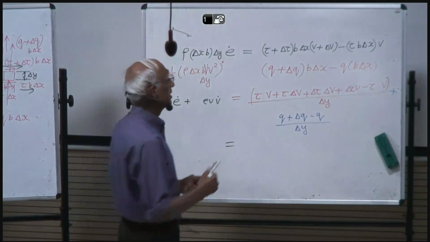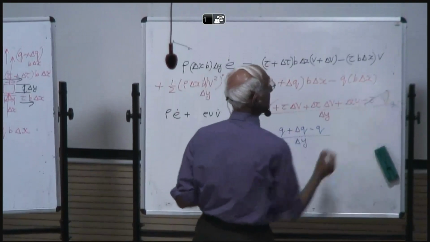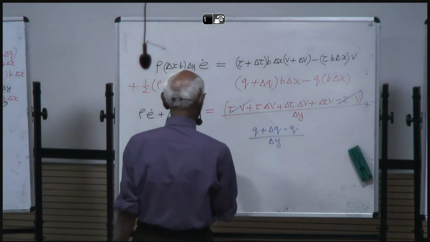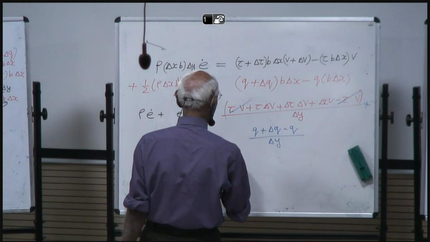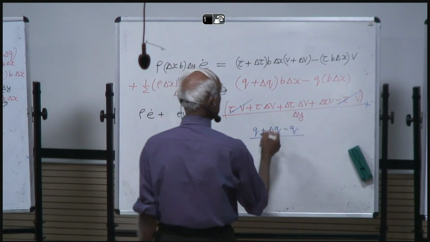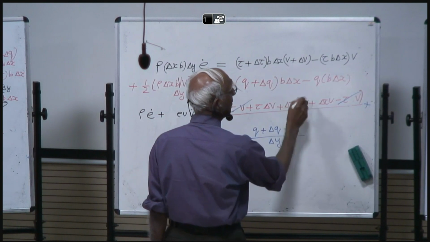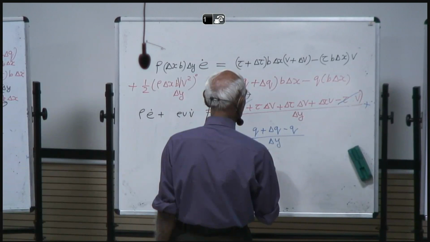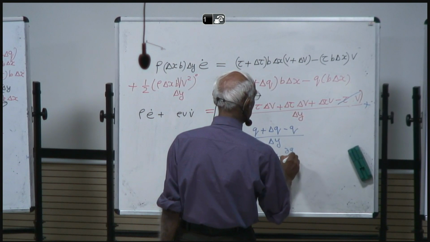So this term will cancel with that. So what we get then is tau delta V over delta Y plus, this is second order, so we don't consider it, and that's V delta tau over delta y plus delta q over delta y.